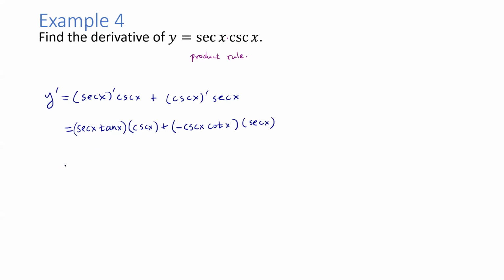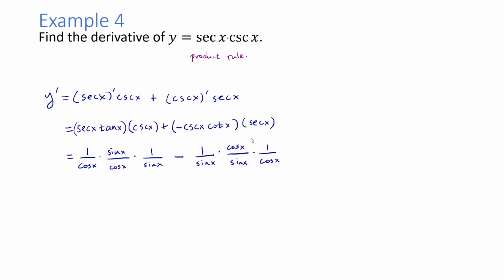One way you could go about simplifying it would be to try and rewrite everything in terms of sine and cosine and see if that makes it any simpler. For instance here, I can write secant as 1 over cosine, tangent is sine over cosine, cosecant is 1 over sine. Here cosecant is 1 over sine, cotangent is cosine over sine, secant is 1 over cosine.